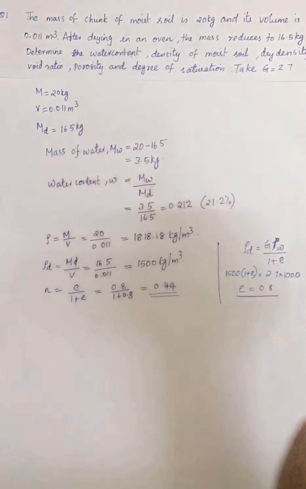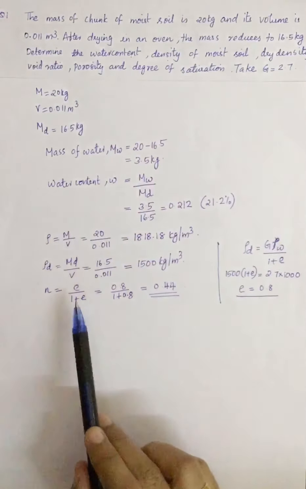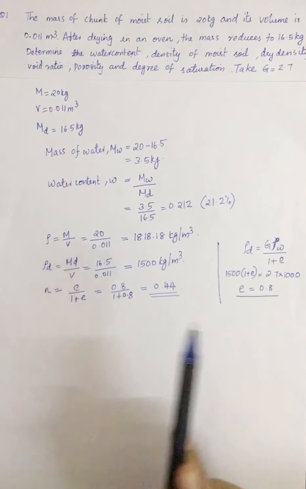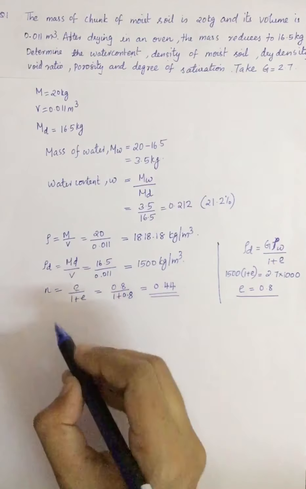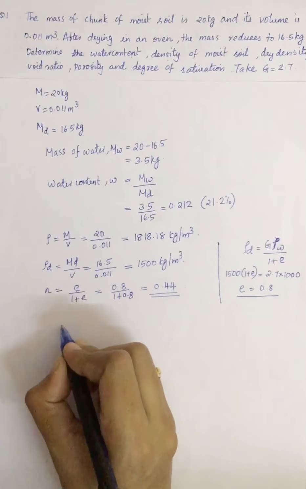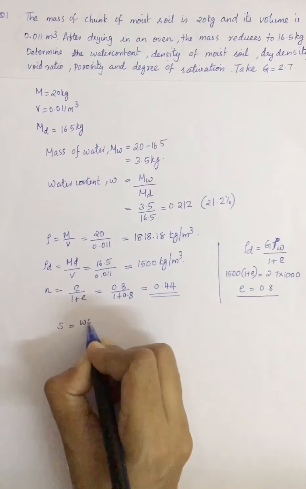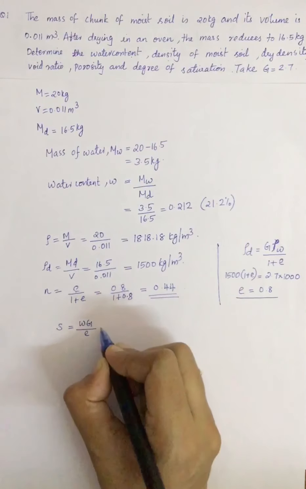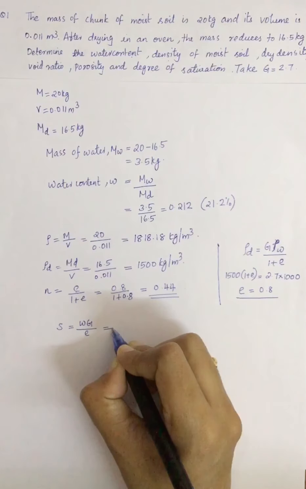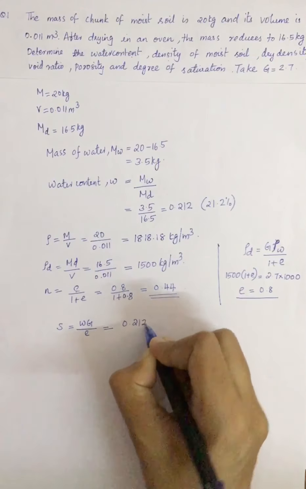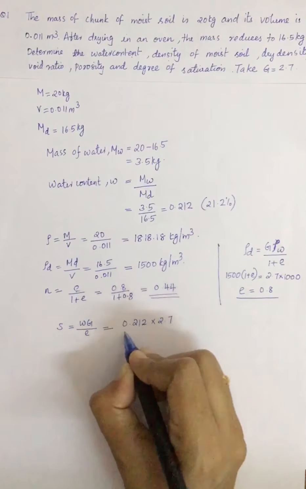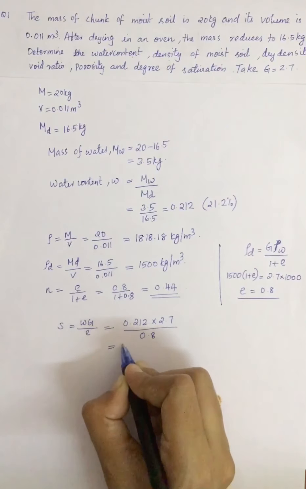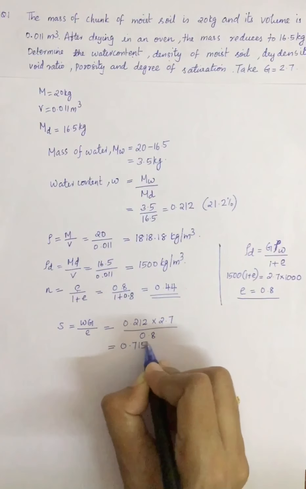Now the last term is degree of saturation. When you know void ratio, water content, specific gravity, we have the relation S is equal to wG by E. So when you substitute, you will get S as 0.715.